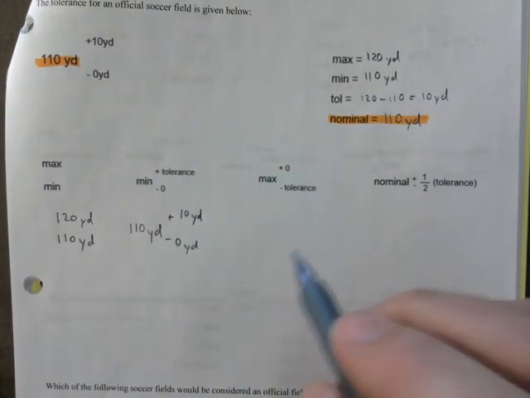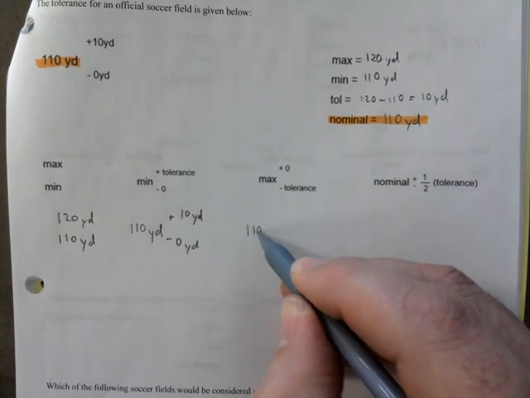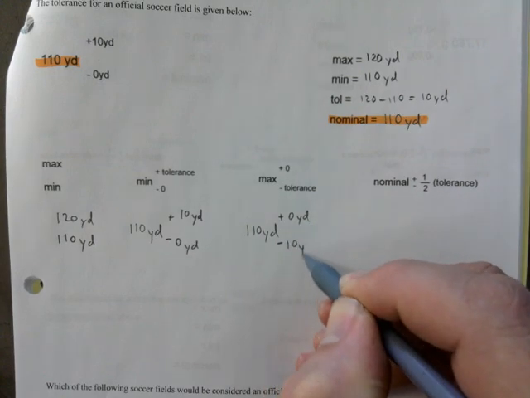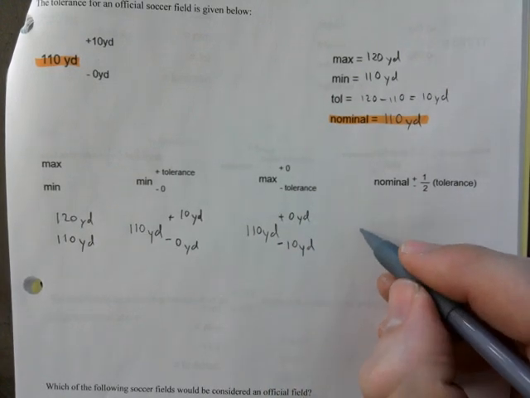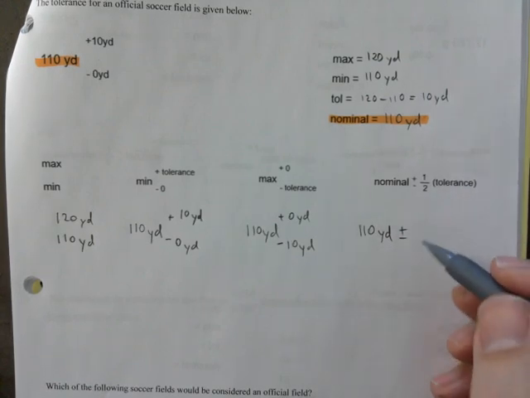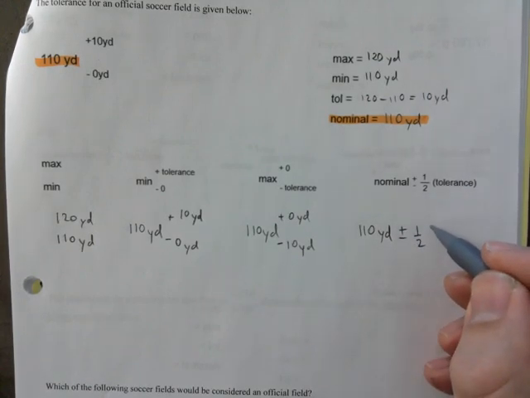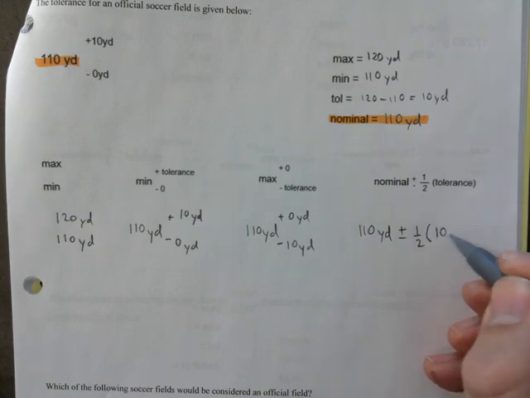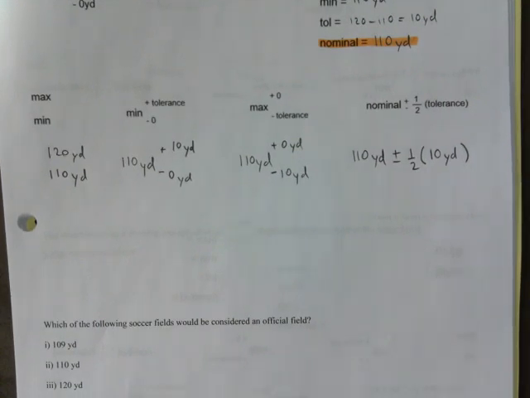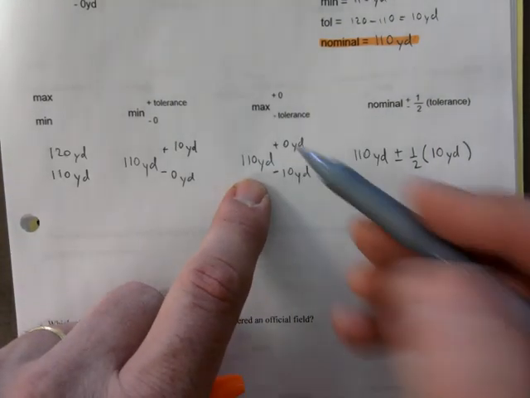That was already done, right? That's okay. How are we doing? Yep. Oh, yeah. This is 120.